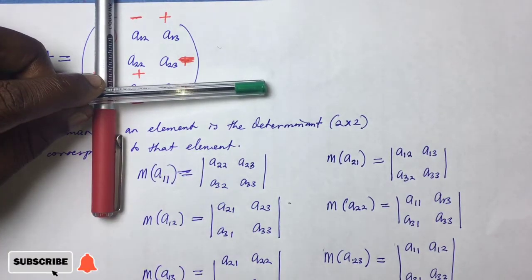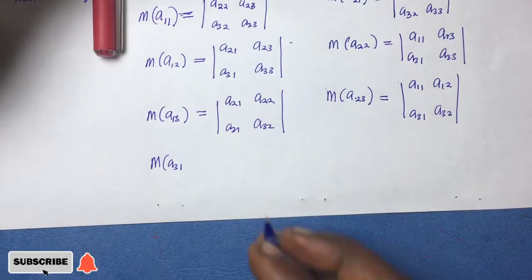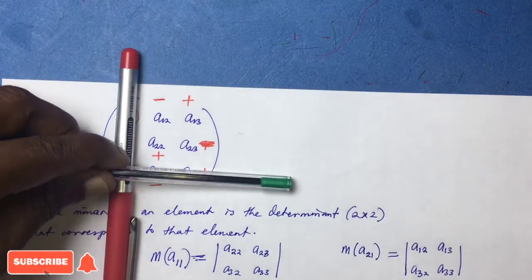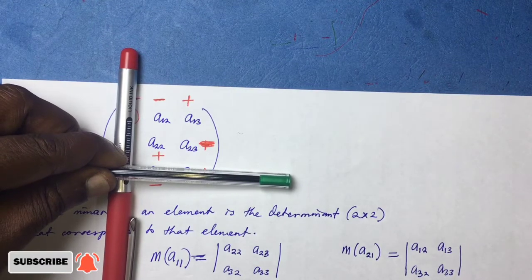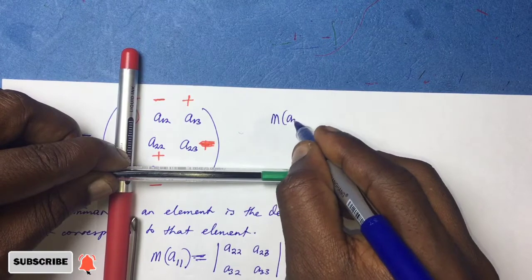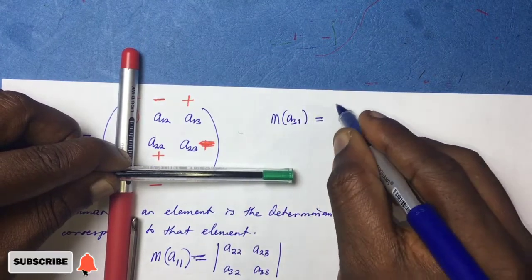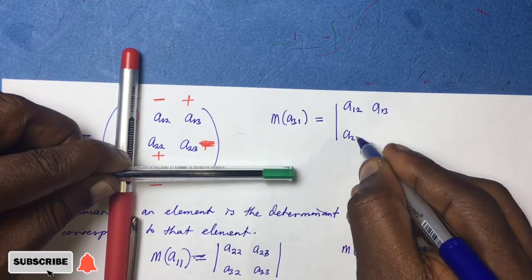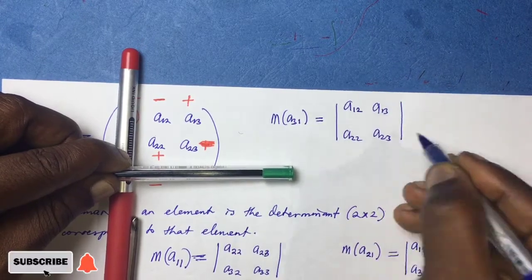Okay? So MA31 will be to cross out this. Okay? So see what I'm doing? MA31, let me bring it over here. MA31 will be the determinant of A12, A13, A22, A23.